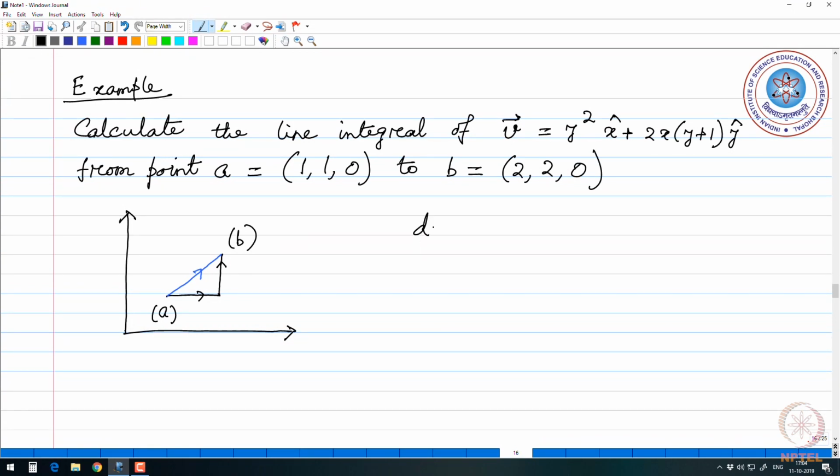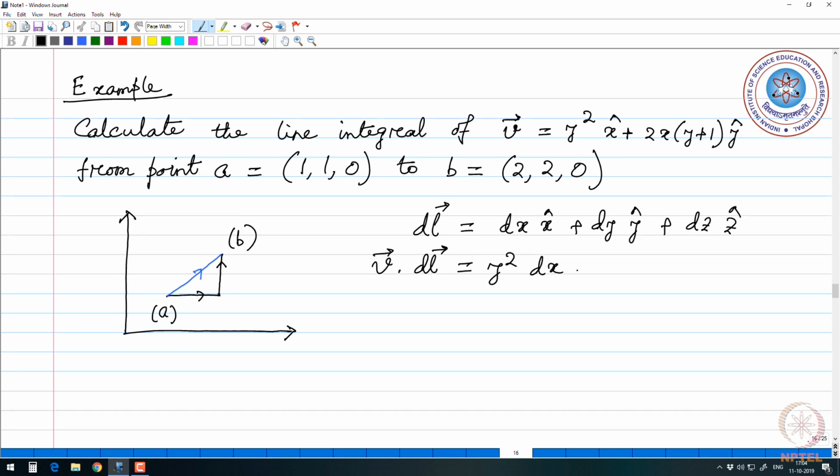The expression for dl, the line element, is given as dx x cap plus dy y cap plus dz z cap. This is always true, and for the given vector, v dot dl can be given as y squared dx plus 2xy plus 1 dy.